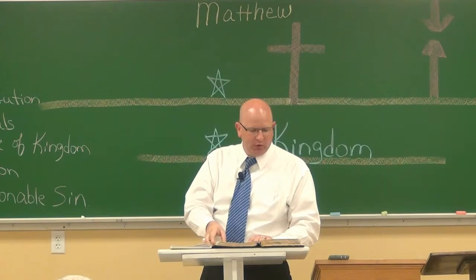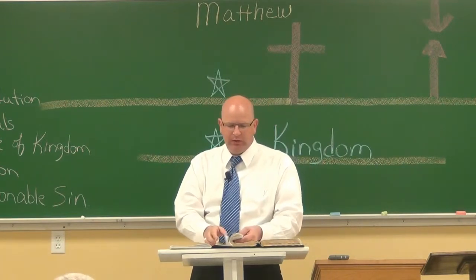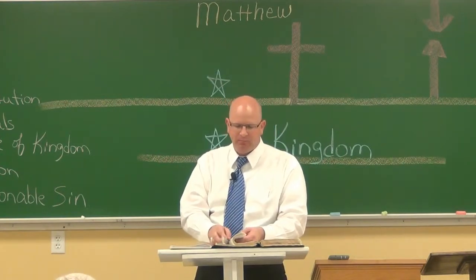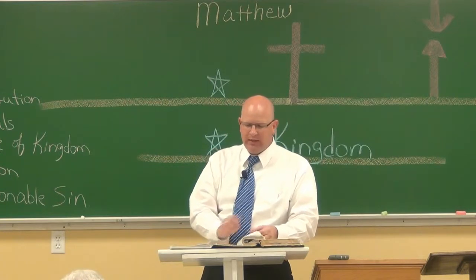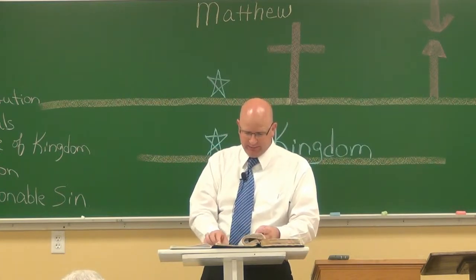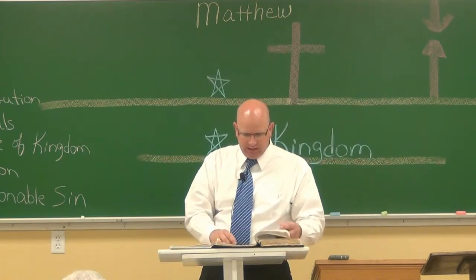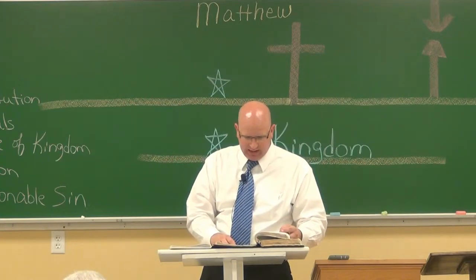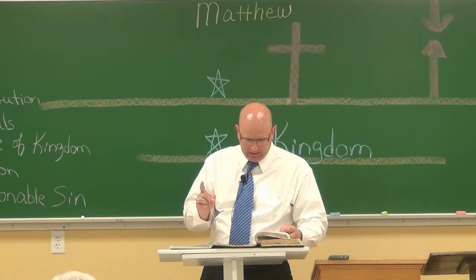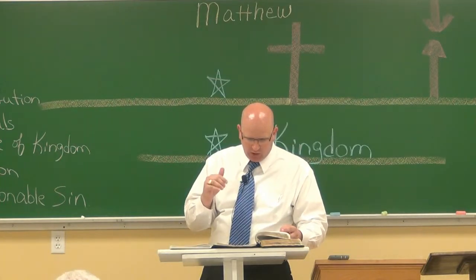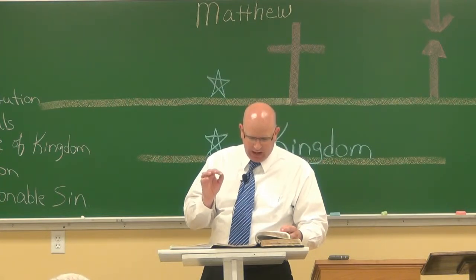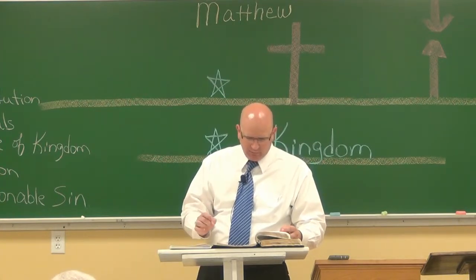Well, if you were to go to Revelation 22, does anybody know who King David is a type of? King David is a type of Jesus Christ. Revelation 22:16, and it says, the last part, I am the root and offspring of David and the bright morning star.